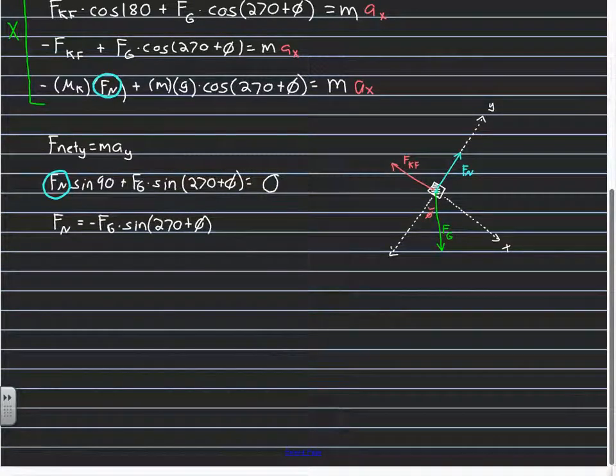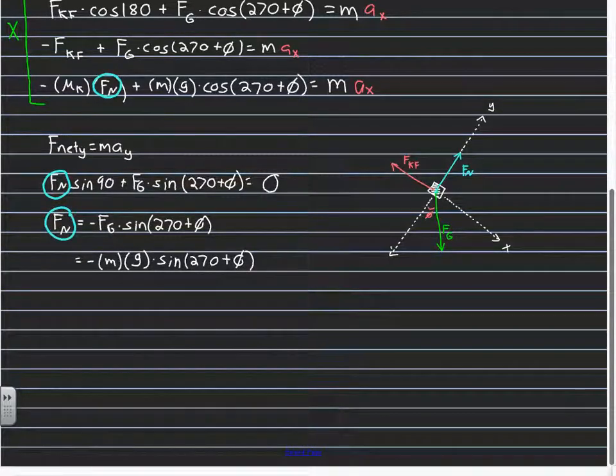Well, the force of gravity simply equals negative m times g times the sine of 270 plus theta. So there we have it, right? That is that normal force that we were looking for.